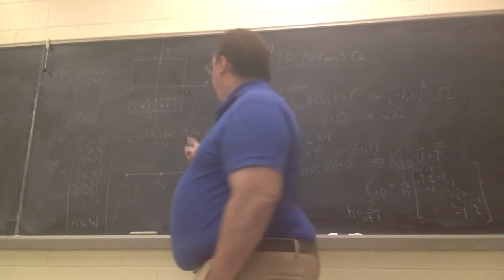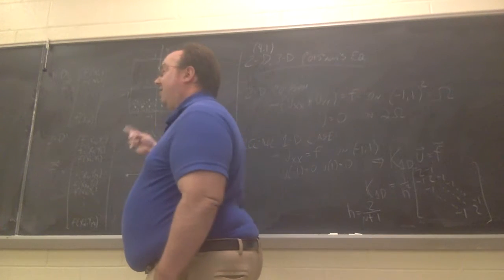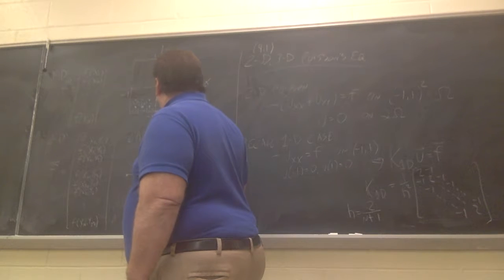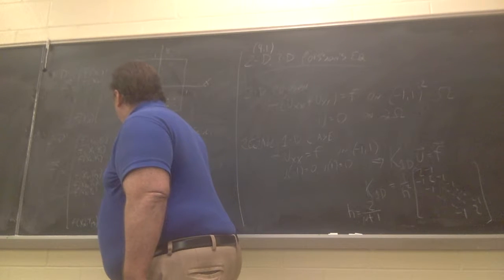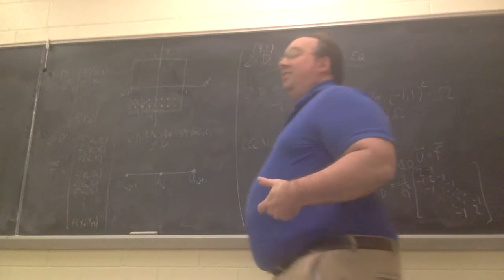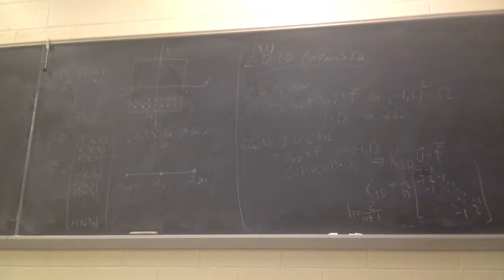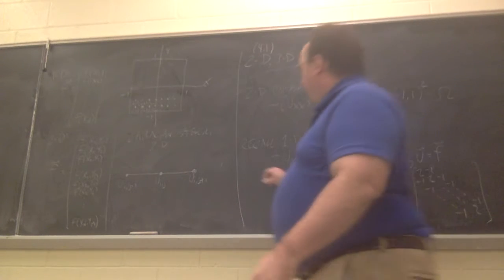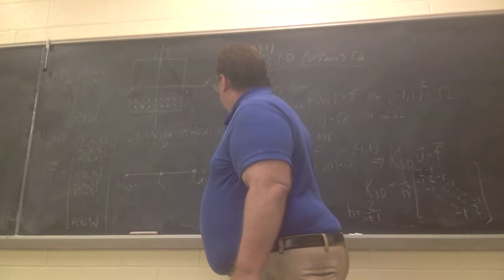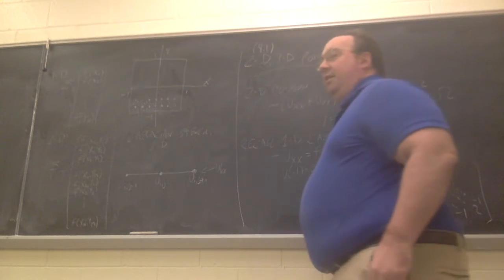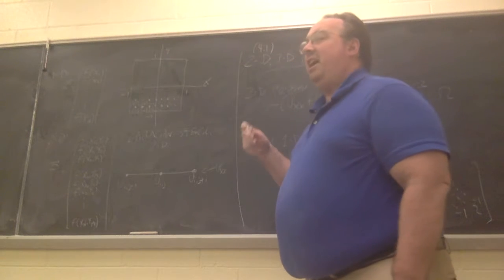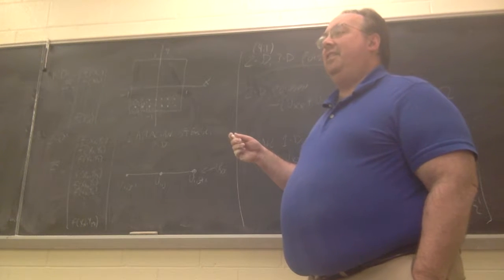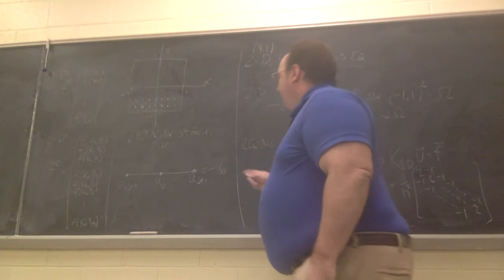So for the center difference in x, this would be u_i,j+1 and u_i,j-1. Notice only the second index is changing because we're only varying x. So this part covers u_xx. The column index is for x.